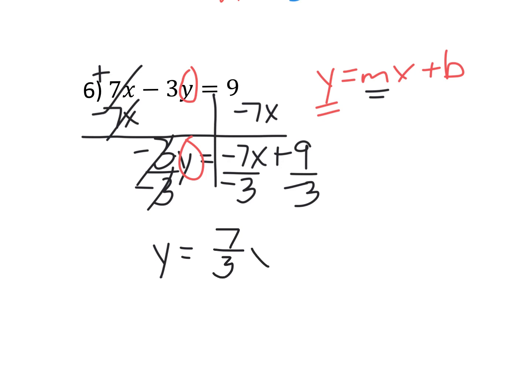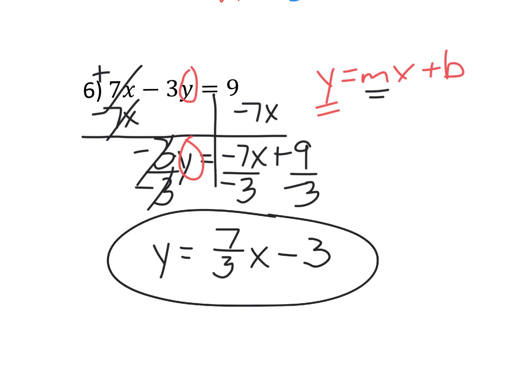Call it 7/3 x. Then I've got 9 on top, negative 3 on the bottom. 9 divided by negative 3 is negative 3, so it's minus 3. And that is my equation. I know my slope is 7/3, and I know my y-intercept is negative 3.